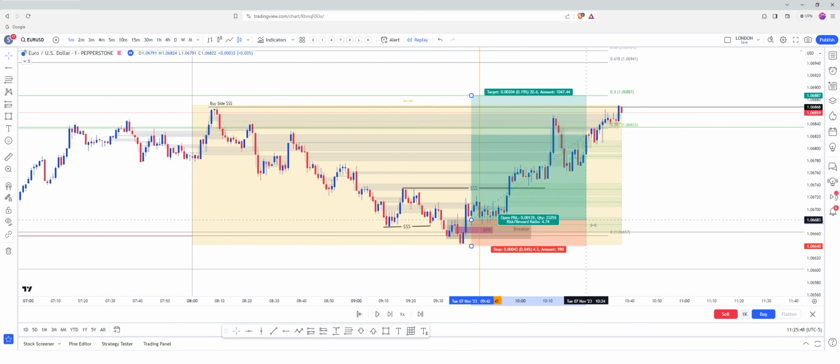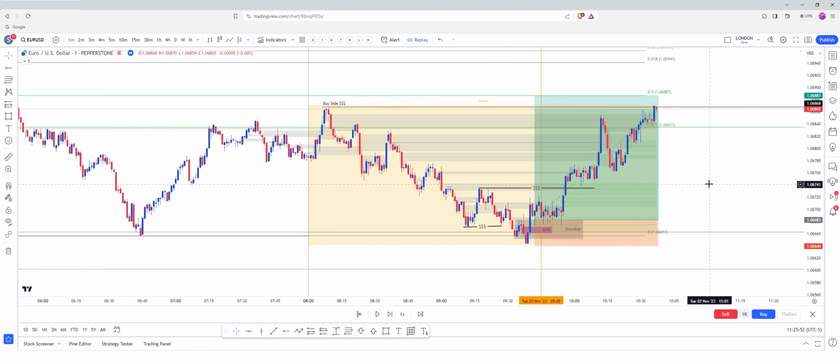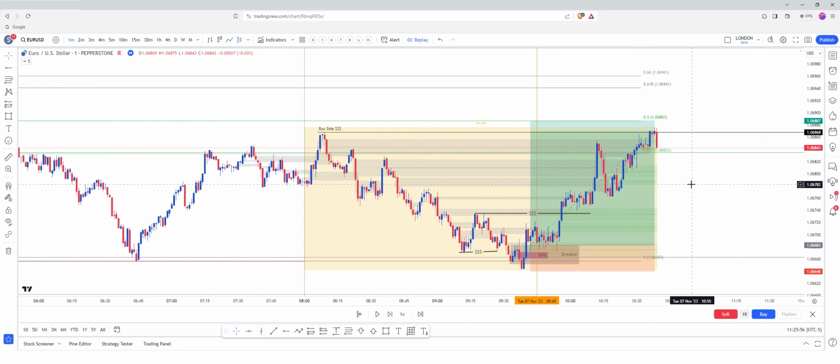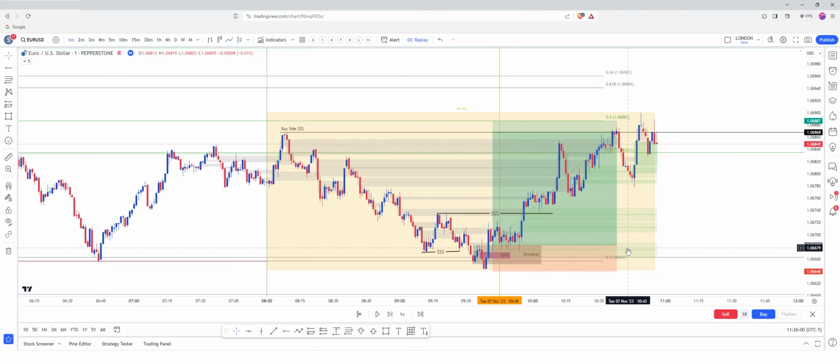Taking the high of the session, we're holding out. Smart money will be looking to sell once we get into a premium, so I'm going to hold this out till we get into that premium area, which we eventually do.